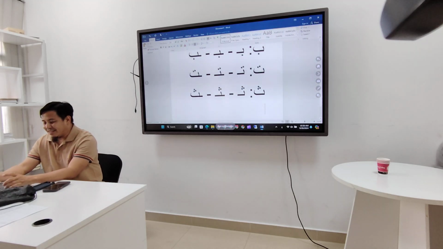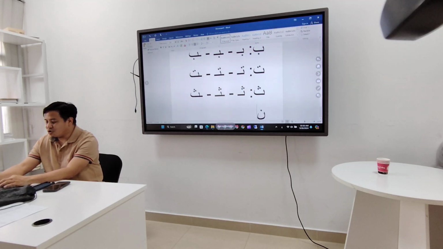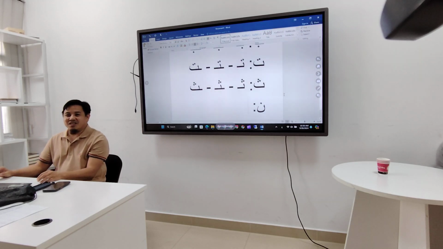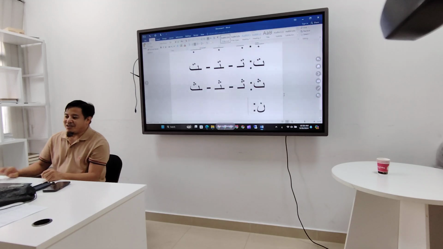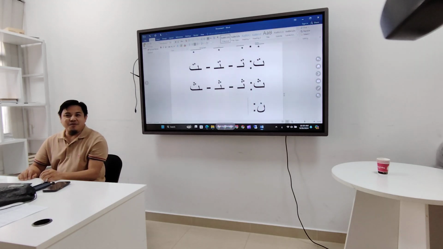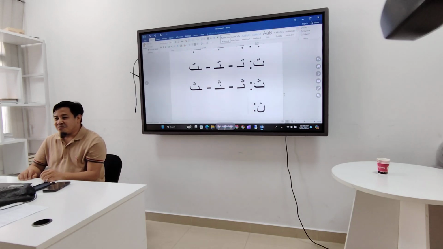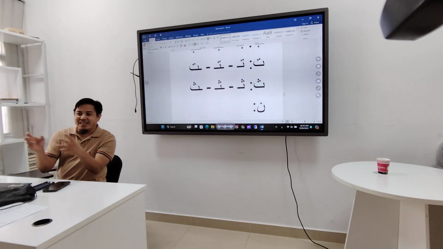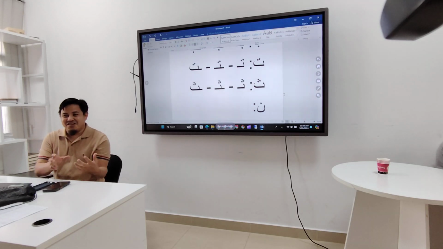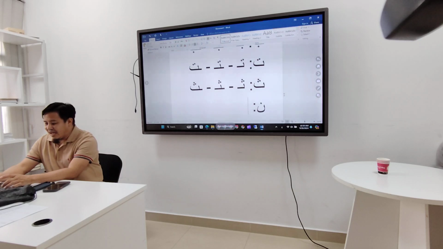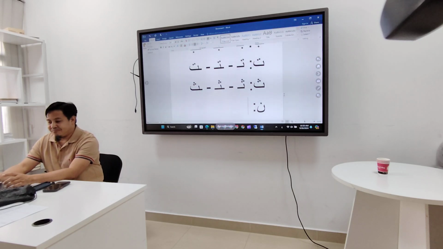The next letter is nun. It is a bit similar but more curved compared to ba, ta and tha, but the shape will be similar to each other when it comes to connecting them to other consonant letters. Now, nun as an initial form is the nun with a connector.